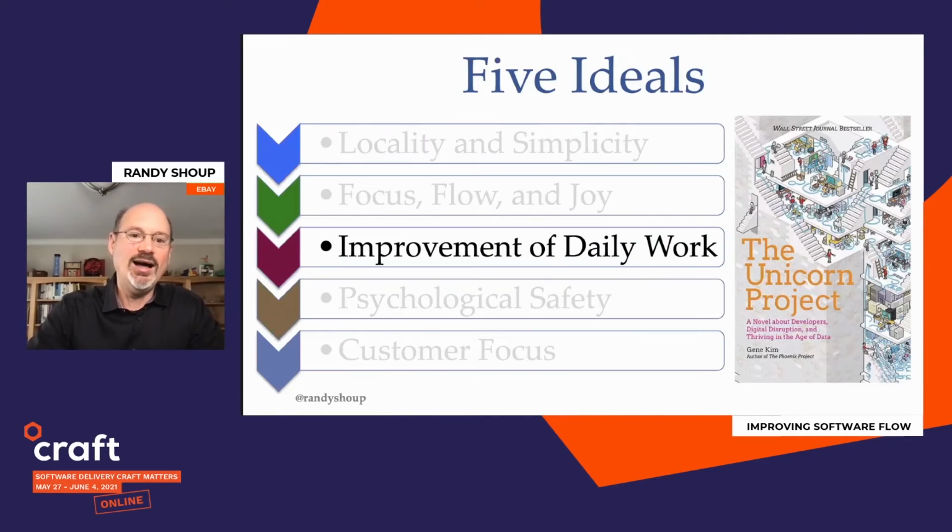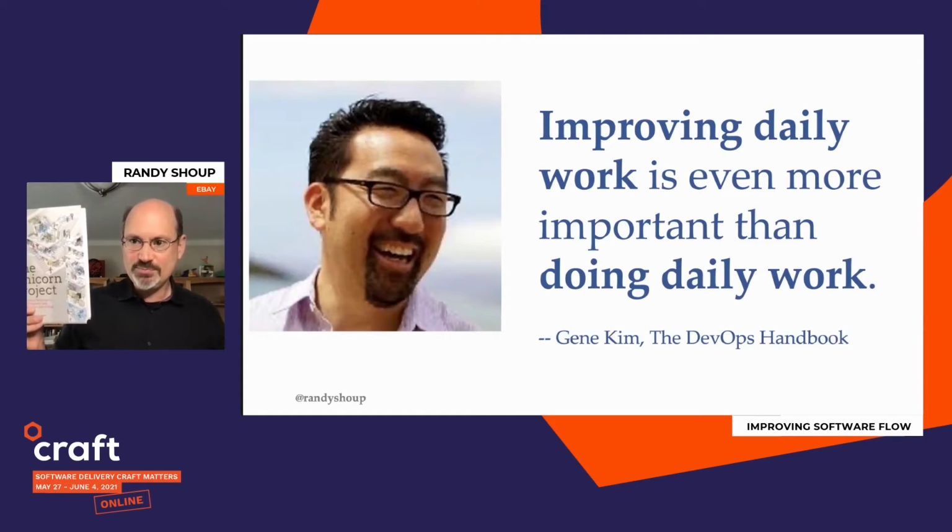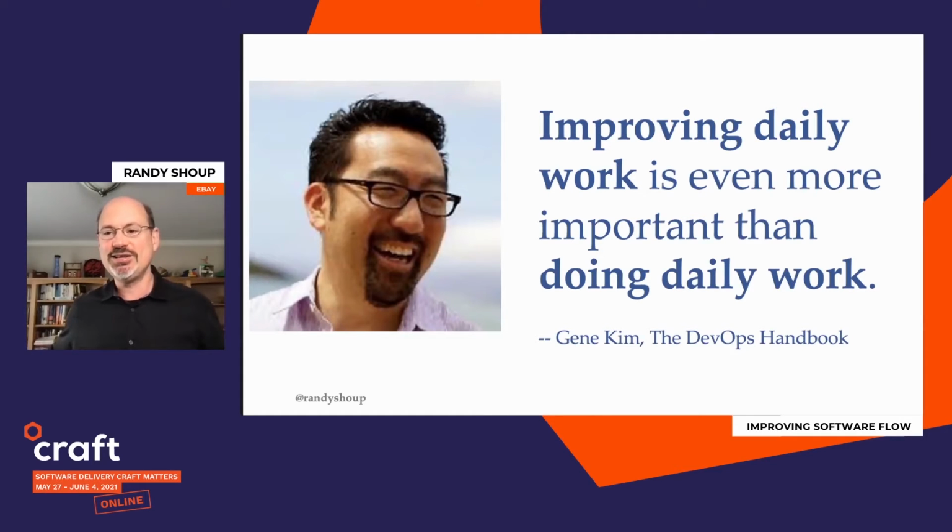Okay. So we talked about locality and simplicity, focus, flow, and joy. Now let's talk about improvement of daily work. The mind-blowing insight by Gene Kim, who is the author of this book and so many others, is this incredibly insightful and counterintuitive idea that improving daily work is even more important than doing daily work.